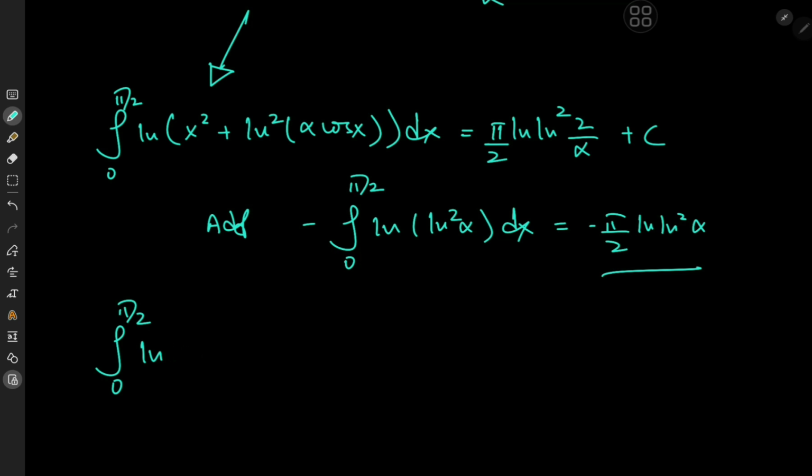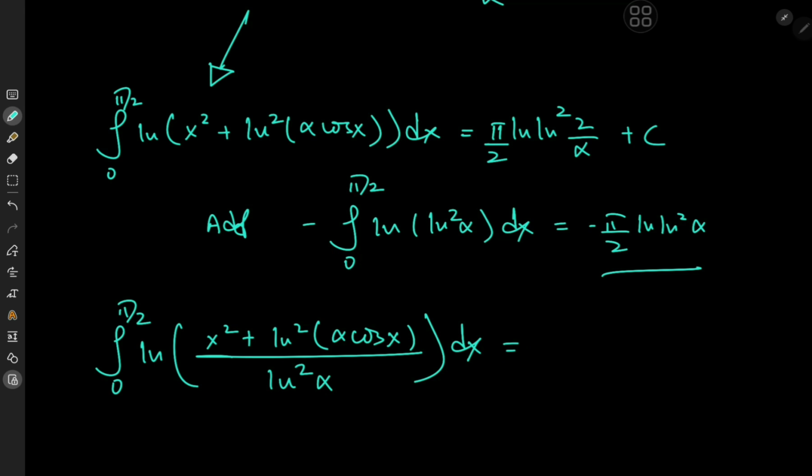Using the properties of the logarithm, I combine these two into a single logarithm of x squared plus log squared alpha cosine x divided by log squared alpha dx, and on the right-hand side, pi by 2 factored out, we have the logarithm, again using the properties of the logarithm, of log squared 2 by alpha divided by log squared alpha, plus the constant of integration.